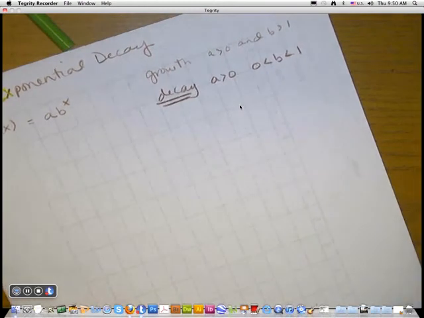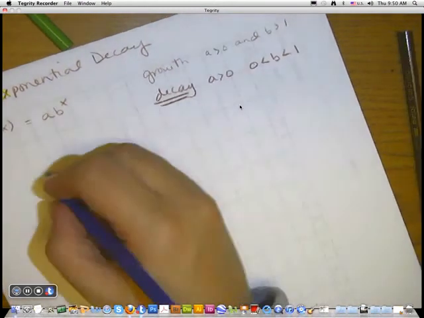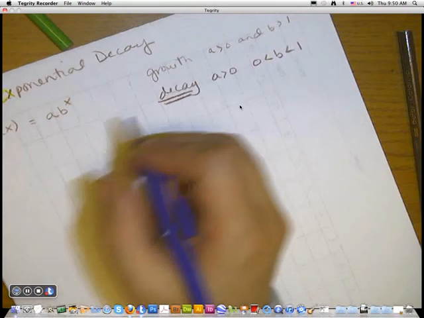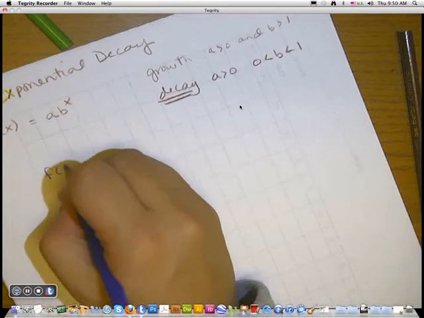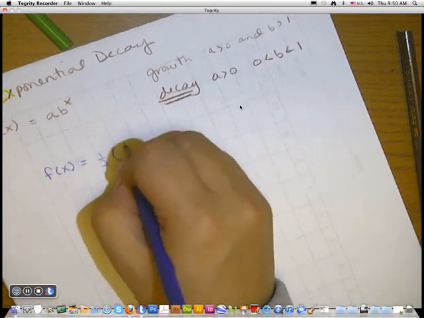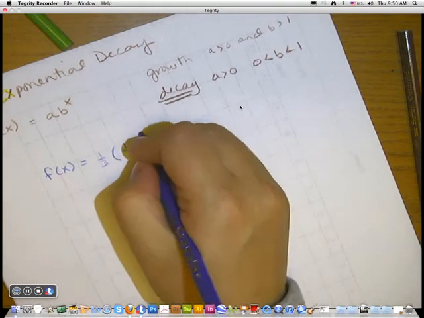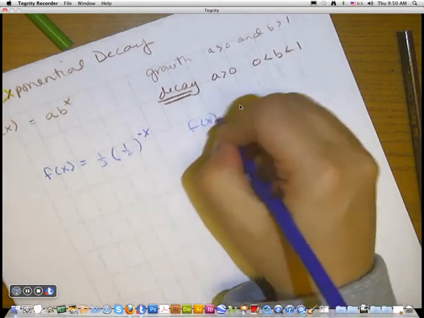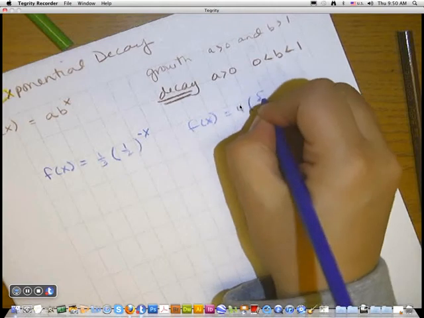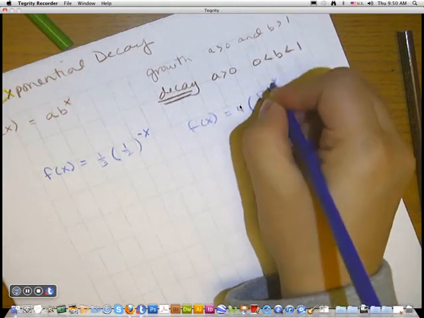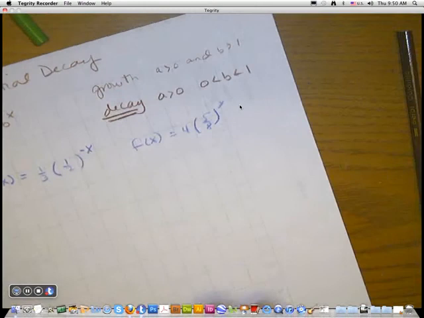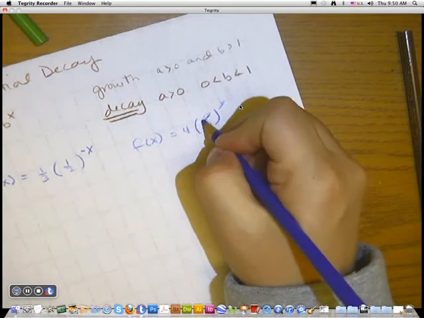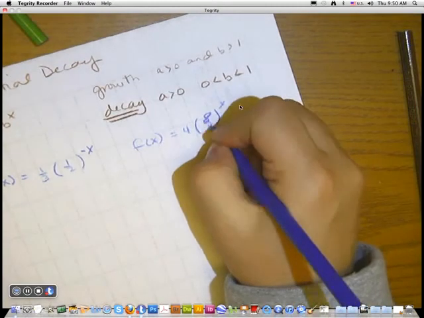So, without using a calculator and without plugging them in, if I just gave you two equations, would you be able to tell which ones are growth and which ones are decay?